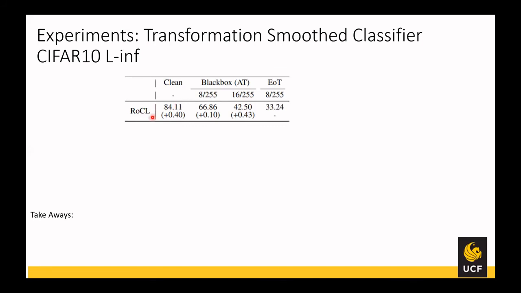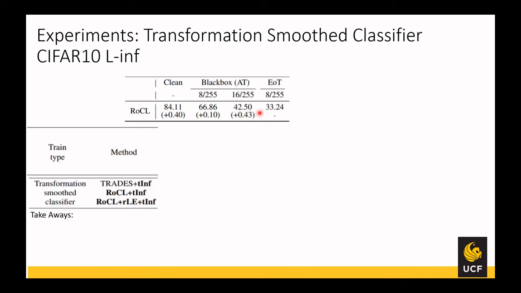Anyway, it improves its clean accuracy, as we can see, by a 0.40 plus increase. On the black box attacks, meaning the normal PGD attacks, even on the unseen attacks it increases its robust accuracy by 0.10. And EOT stands for the expectation of transformation attack, which we are not covering in this section.